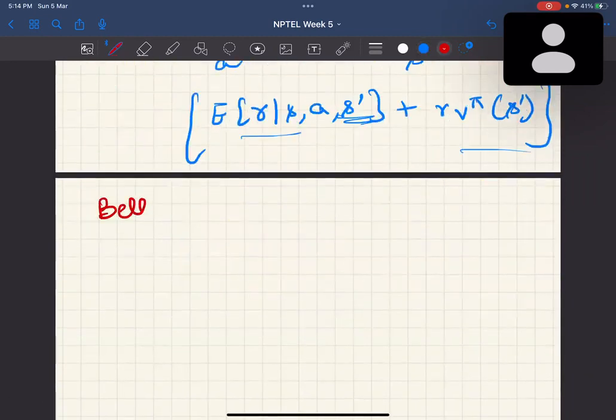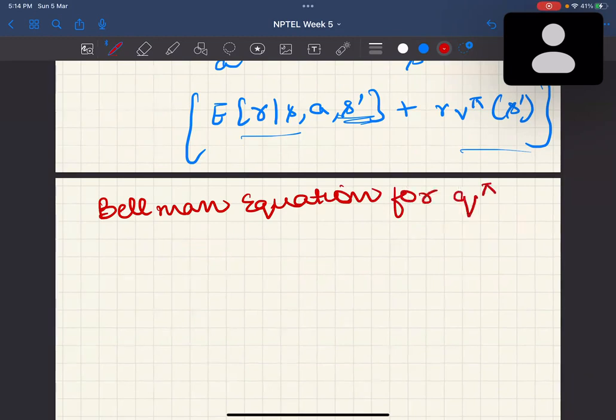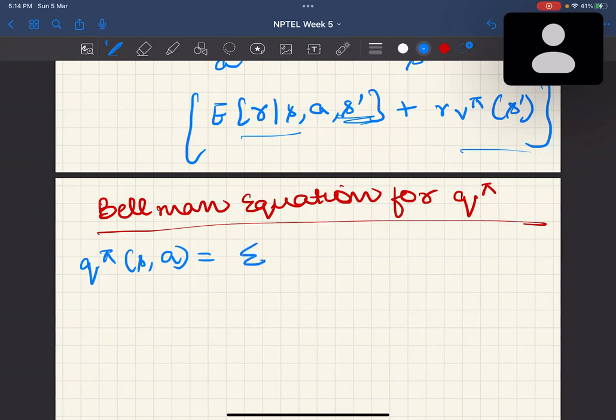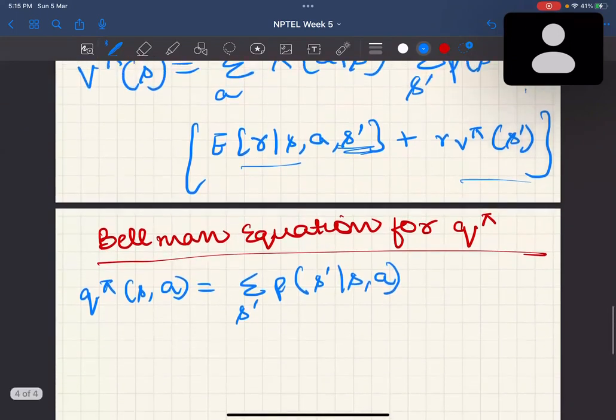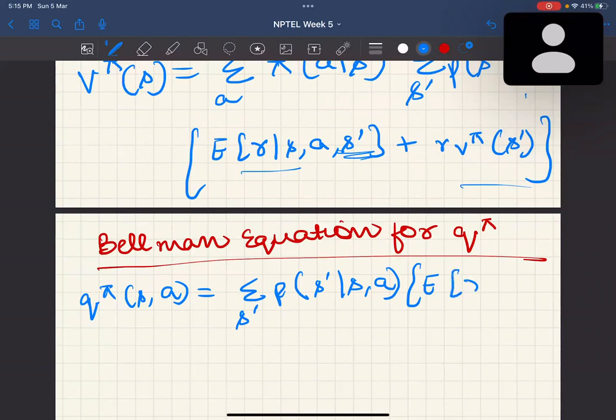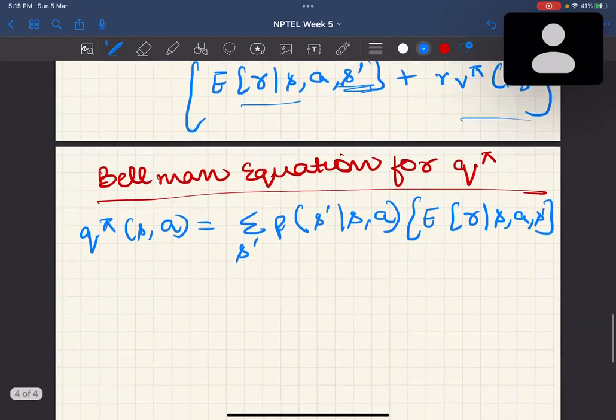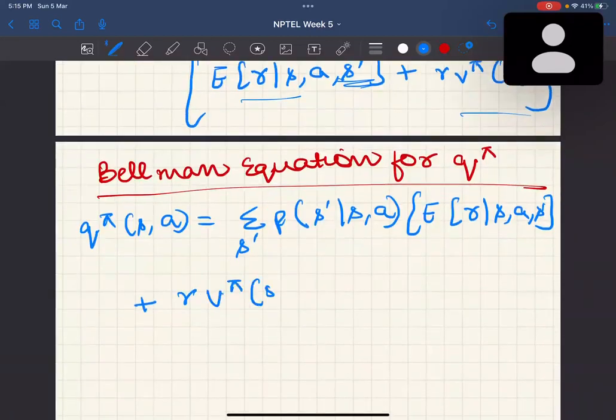Now the Bellman equation for Q pi. I'll write two equations and then explain together.